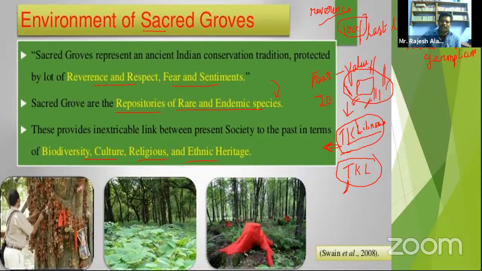Some 70 years back, I can tell these sacred groves proved as an undisturbed, conventional, traditional form of protected area network, providing 100% last landing resort for germplasm. But it is not taking place these days.